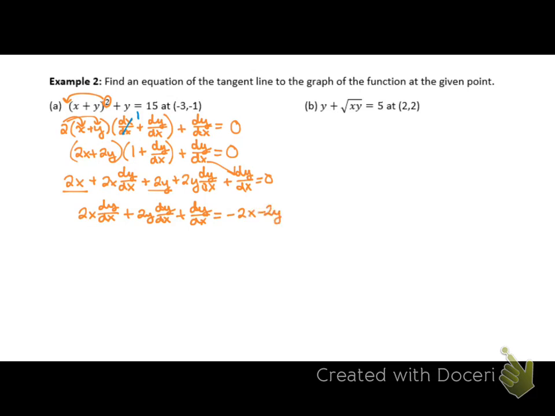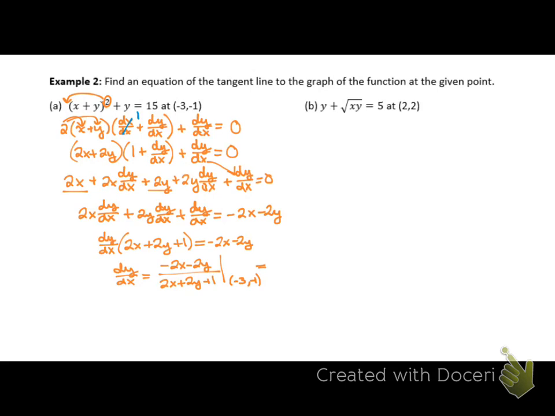There's a dy/dx in all of them, so I'm going to take it out. So inside it's 2x plus 2y plus 1. I'm then going to divide by the inside. So dy/dx ends up equaling negative 2x minus 2y all over 2x plus 2y plus 1. Now remember, I need to evaluate this at the point negative 3, negative 1. That's going to give me my slope.